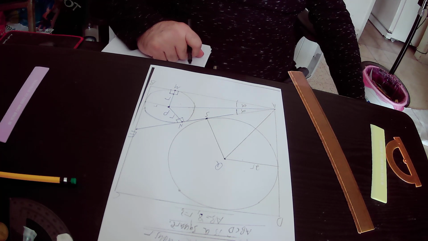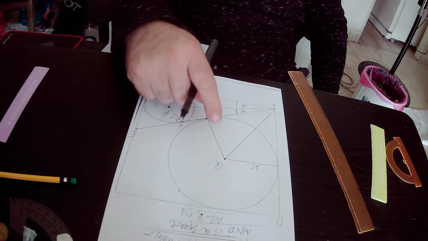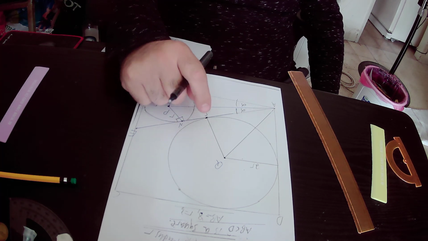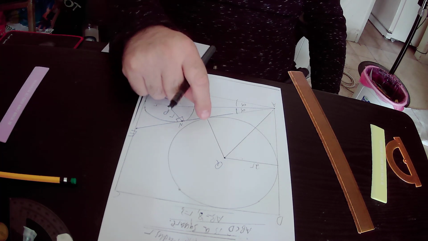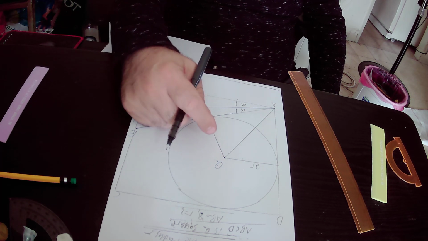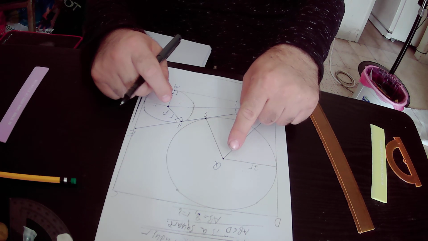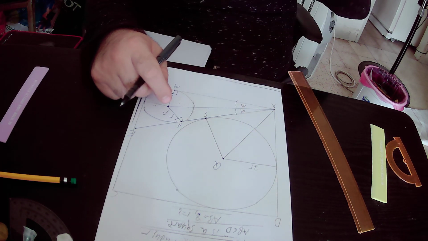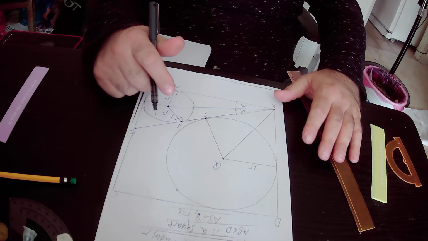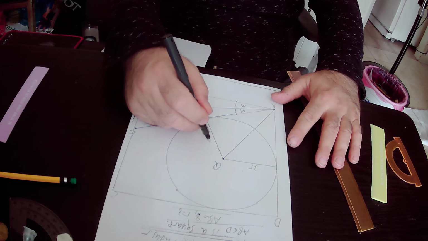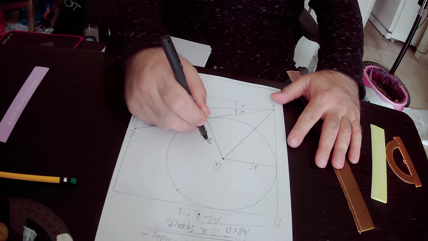According to rule number 1, QS is the radius of the big circle because line segment QS starts from the center of the circle, point Q, and ends at point S, that is a point on the circle itself. Therefore QS is the radius of the big circle, so it equals 2R.